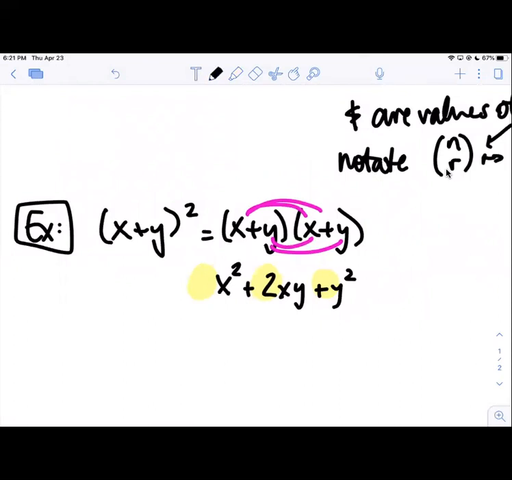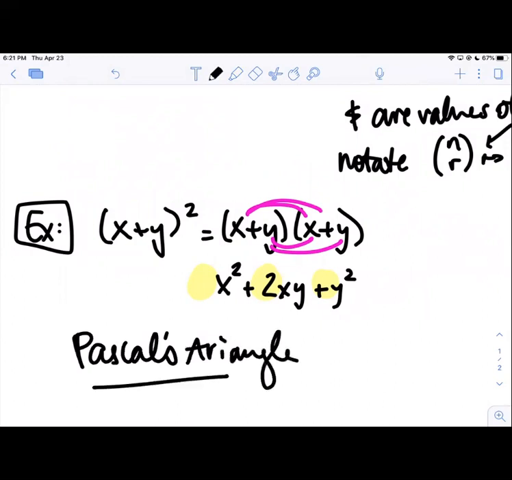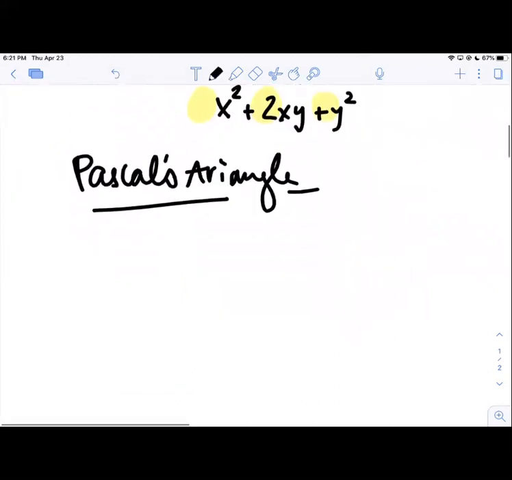Okay, so Pascal's triangle is a way to organize the pattern that we find if we were to do all of these expansions. So we'll call this Pascal's triangle. Okay, so the first one would be if I had (x plus y) to the 0. Well, anything to the 0 is what? 1. Very good.